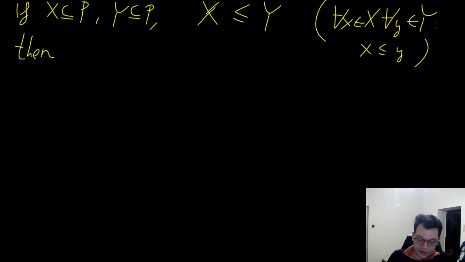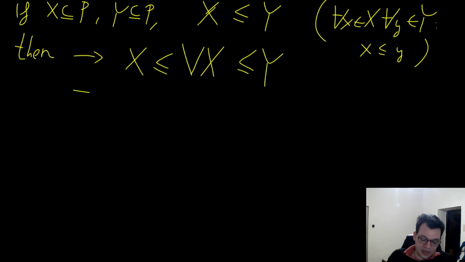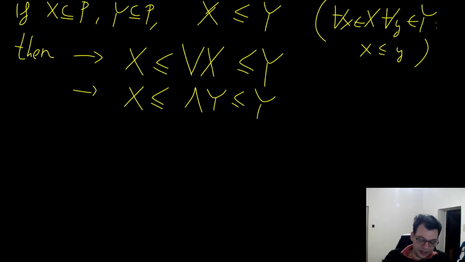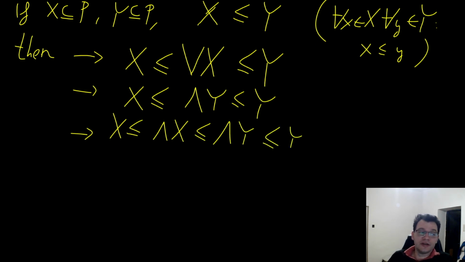Then we have several things. For example, if I'm just increasing X slightly, so X is smaller than the supremum of X, it will still be smaller than or equal to Y. And the second statement is that if I'm decreasing Y by choosing the infimum of this set, then it holds as well, and they will be in a nicely arranged chain, assuming these exist.